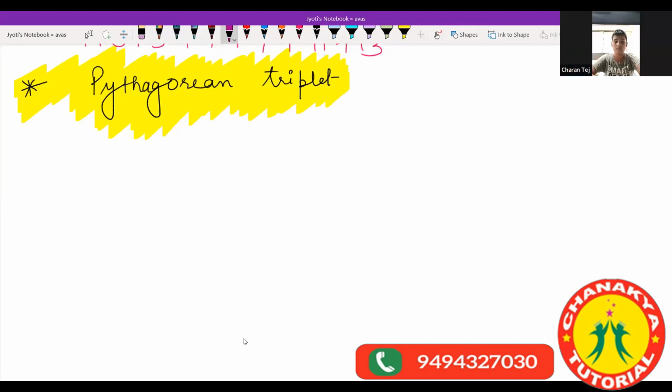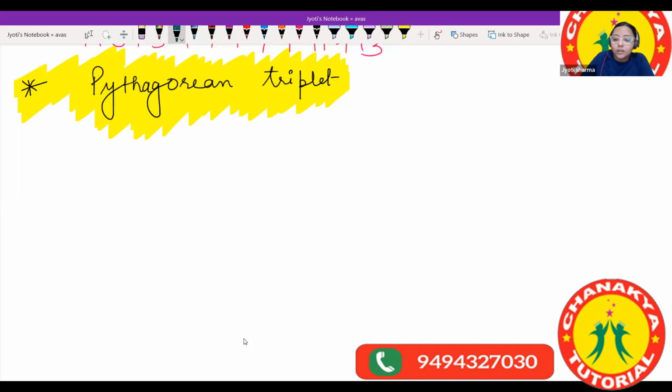Ma'am, for example, 3 square plus 4 square is equal to 5 square. Am I right or not? Yes, ma'am. Then you take the squares and you add them, and let's say 3, 4, 5.